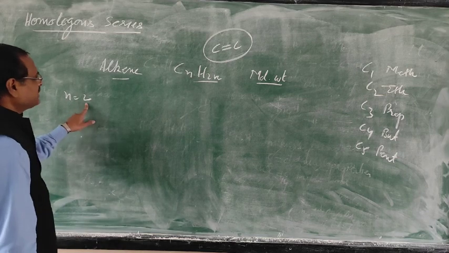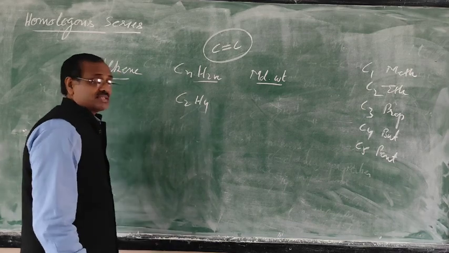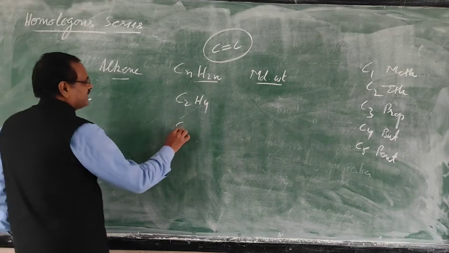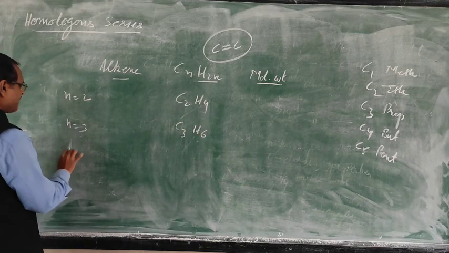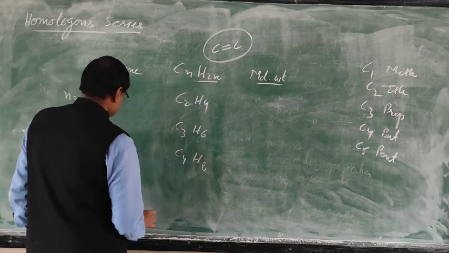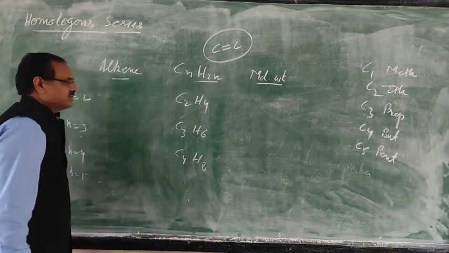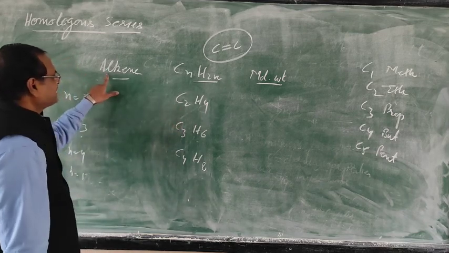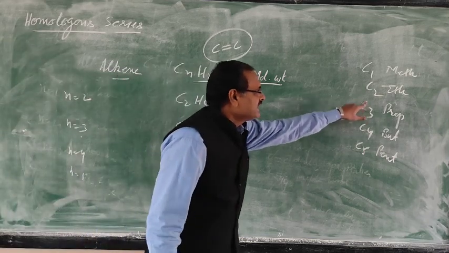If you write n equal to 2, then you write C2H4, 2 twos are 4, just double. In the same way, 3, C3H6, n equal to 4, C4H8. Like this, you can continue. And now just see the name of these compounds: only the first part will change, the ene ending will be the same. For 2 carbon atoms, you take eth.